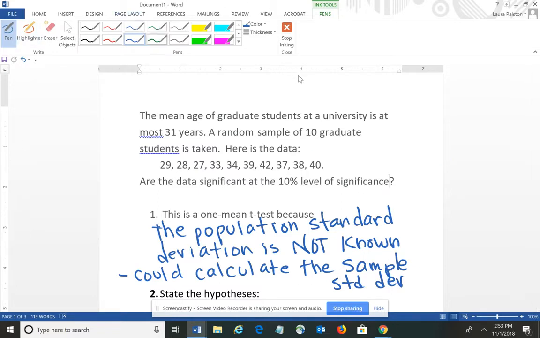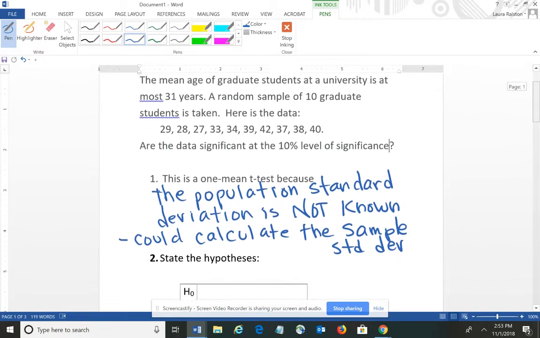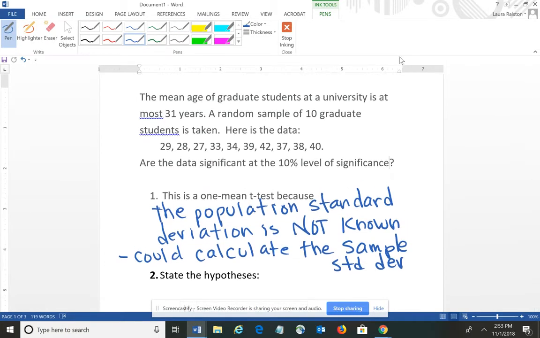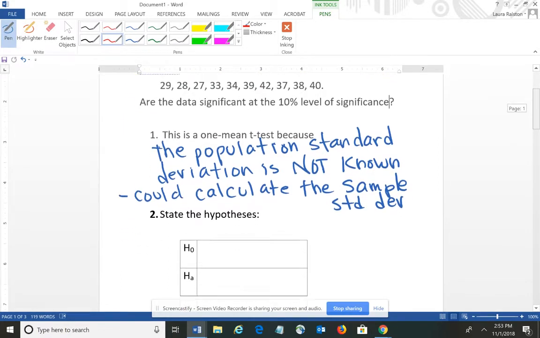The next question says to state the hypotheses, which is the first step in any hypothesis test. In this case, our hypothesis is the mean age of graduate students is at most 31 years. So here again, you have to think about what the phrase at most means.